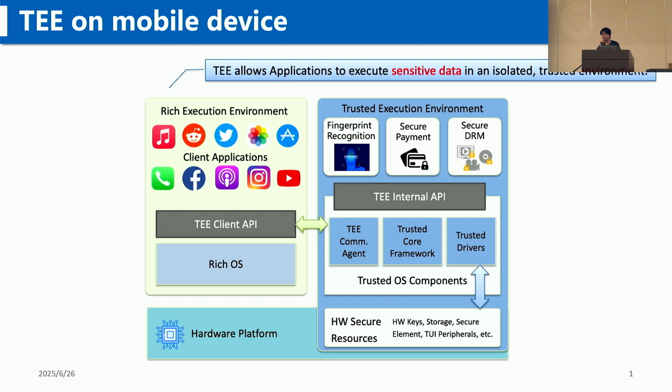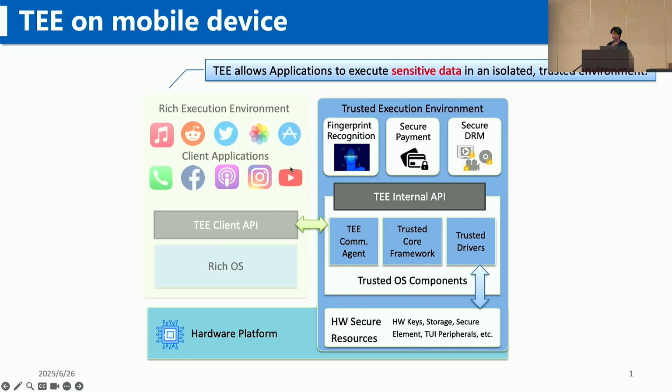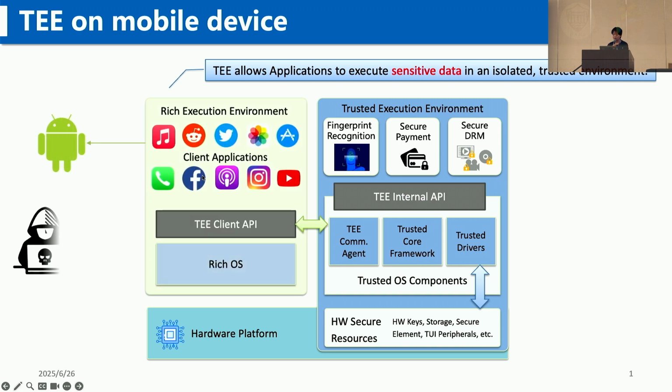TE allows applications to execute sensitive data in an isolated, trusted environment. It uses the hardware-assisted technology TrustZone to enforce protection. Normal applications run on the rich execution environment, basically Android.